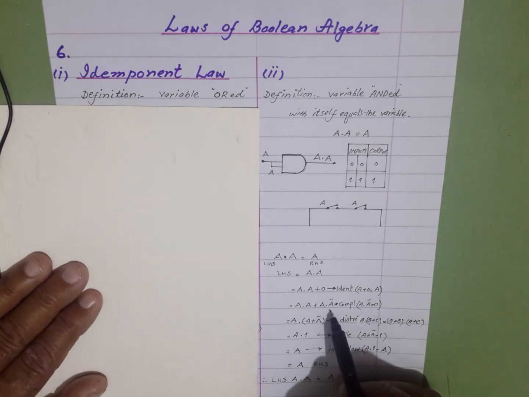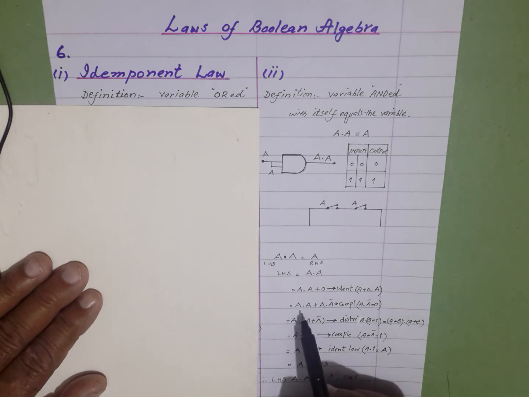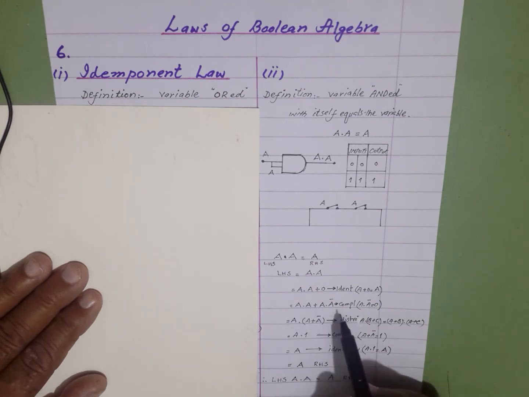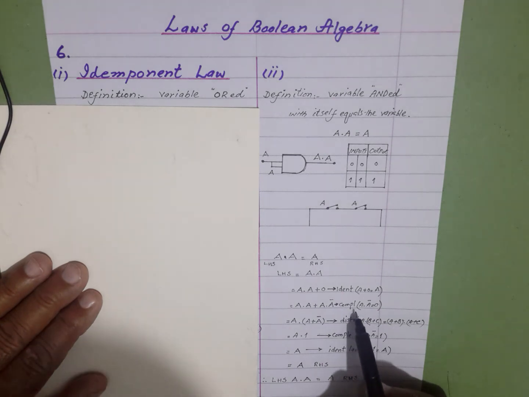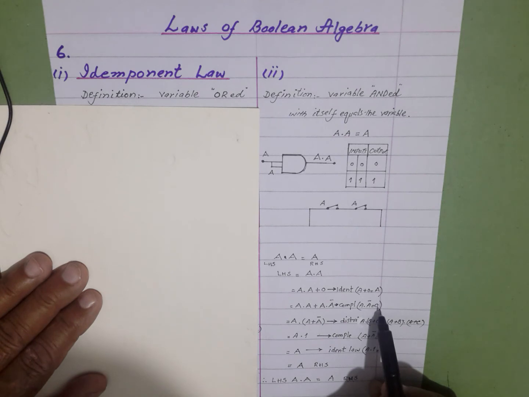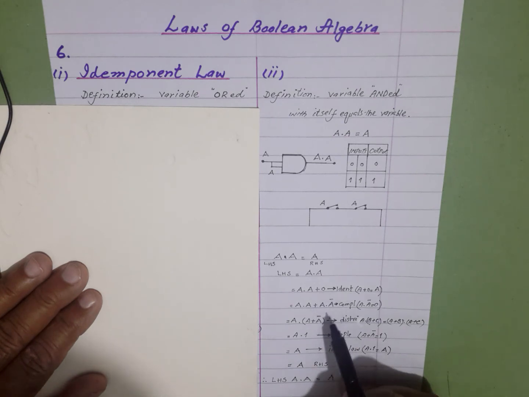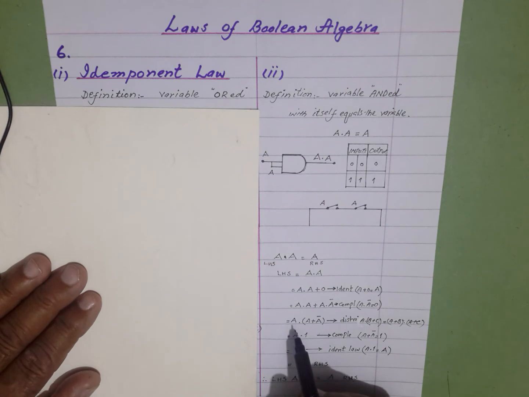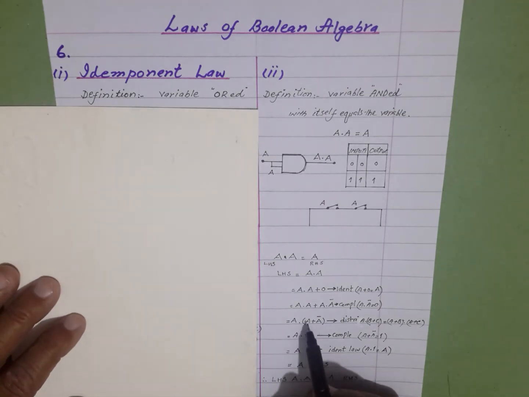This is called the complement law. A dot A plus A dot A complement, this is the complement law. A dot A complement is equal to 0. In place of 0 we can write this. By taking A common, it is A dot within parenthesis A OR A complement.